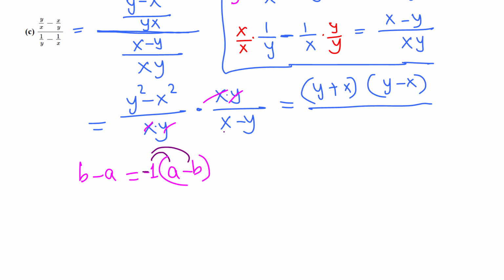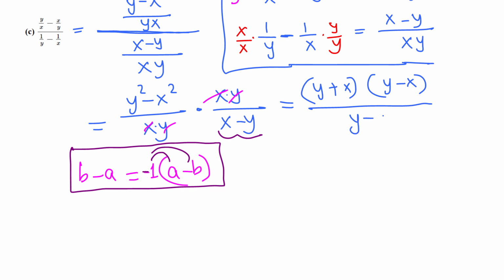We have to do this here because of x minus y. If we write y minus x, then we can cancel. So in that situation, all we have to do is multiply by -1. Here x minus y, we can write y minus x, but we have to multiply by -1, or just negative. Now we have the same. That's the purpose of changing this.